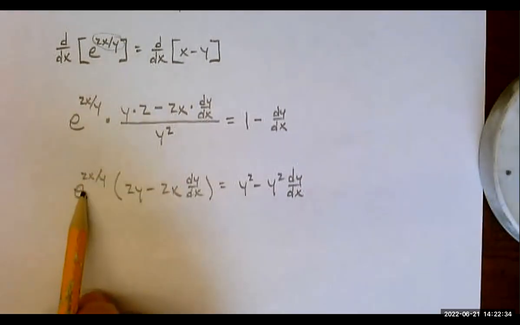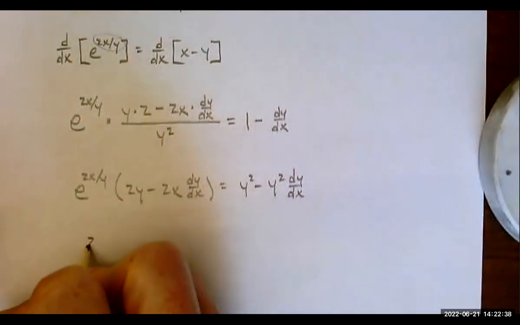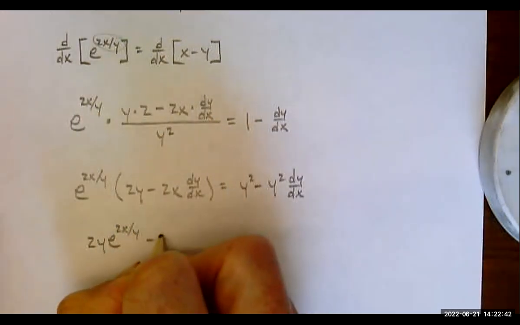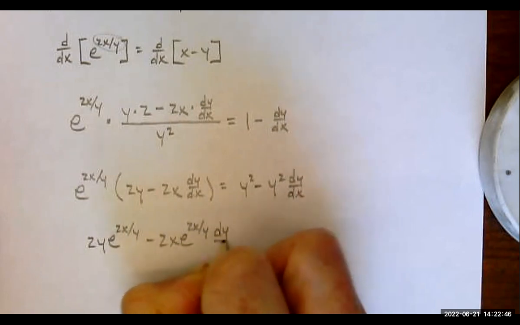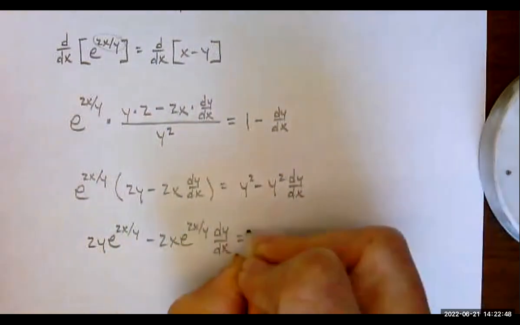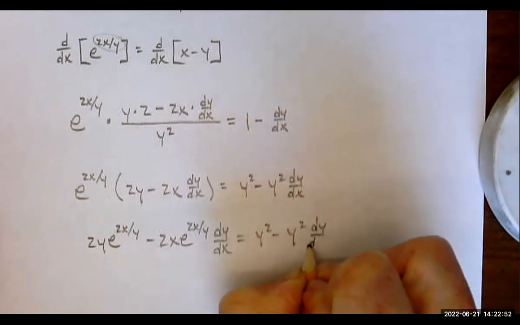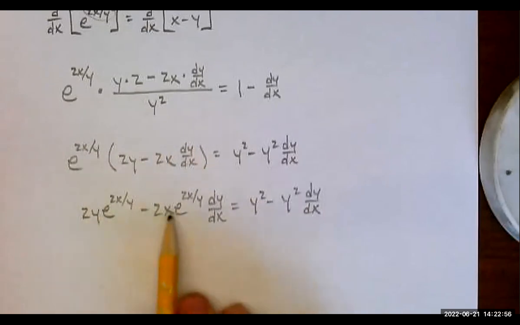I also want to distribute the e, multiplying everything out, because I want my dy over dx terms on the same side and anything that's not a dy over dx term on the other side.